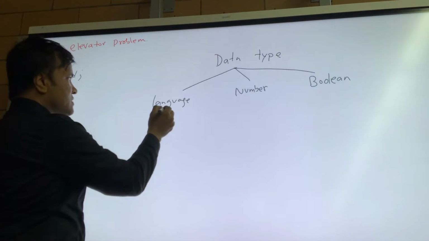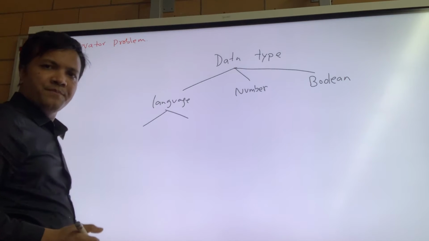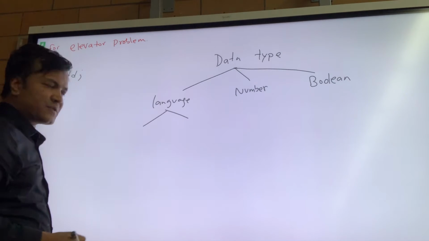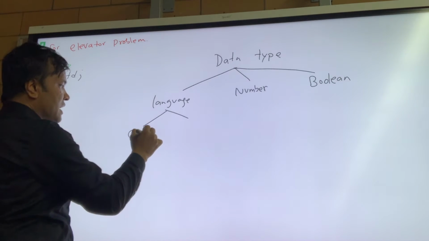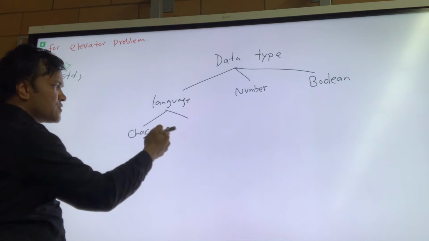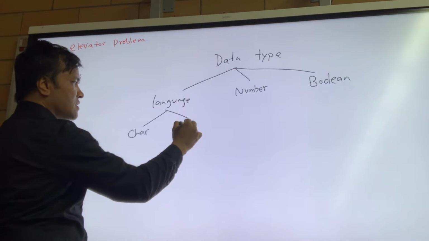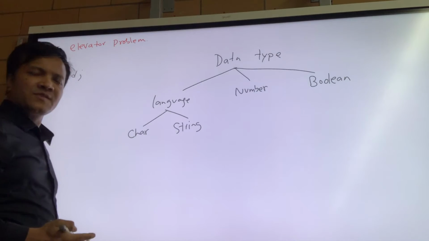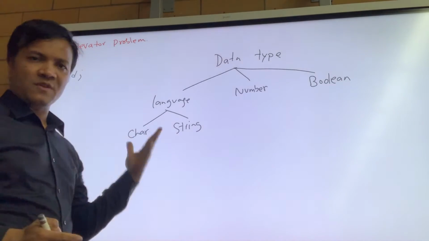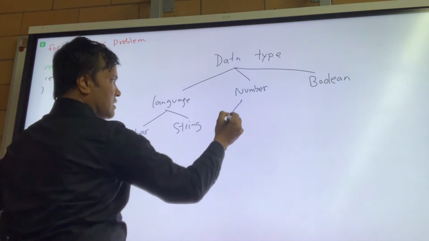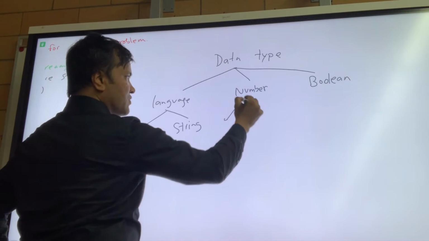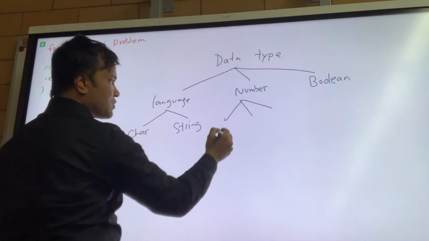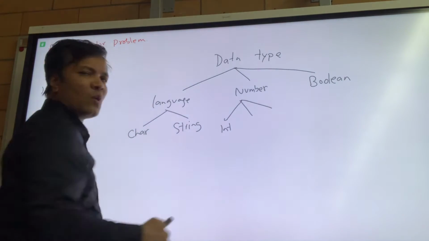The first one is divided into two parts: char, which means characters, and the second one is string. I'll give you an example in a second. Let me first write them. Number, we're going to divide into three parts. The first one we're going to say int. Int means a whole number.